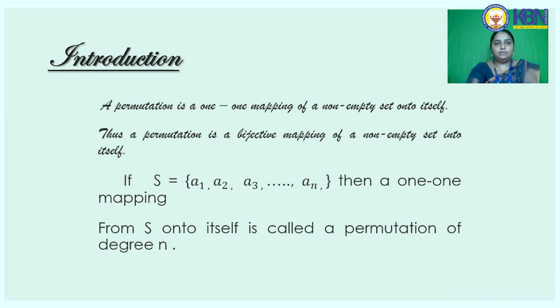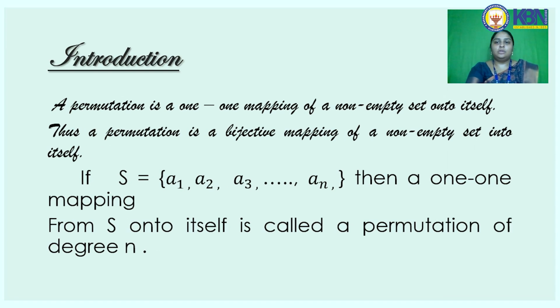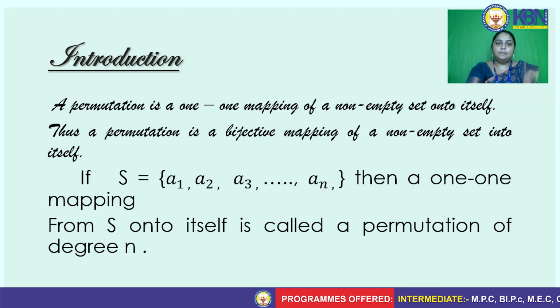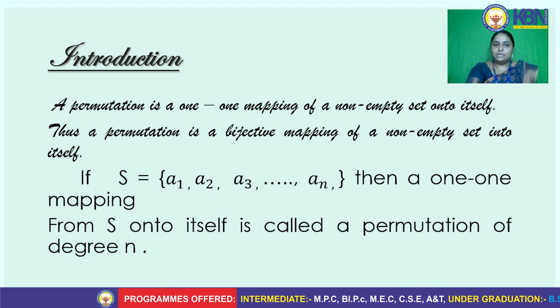Permutation is a mapping which is defined on the same set and satisfies the one-one and onto property. It can be written as: a permutation is a one-one mapping of a non-empty set onto itself, which is nothing but a bijective mapping of a non-empty set into itself.